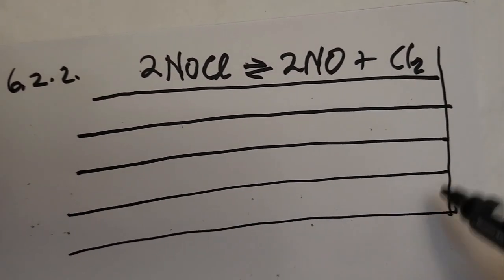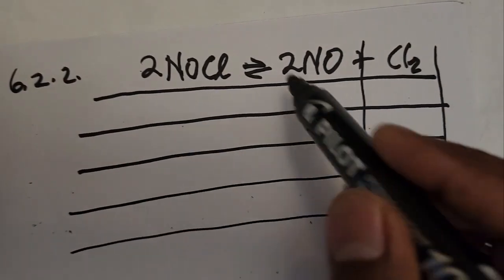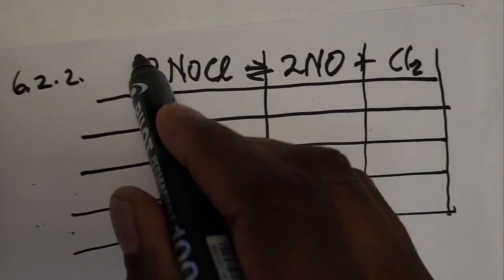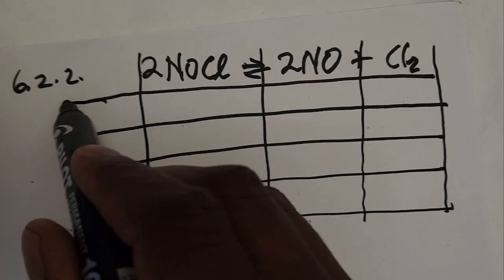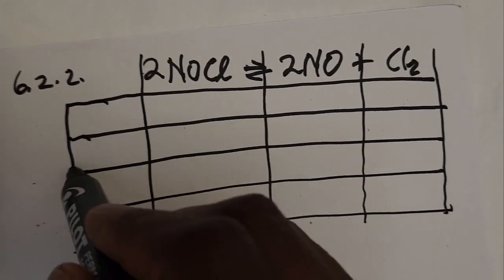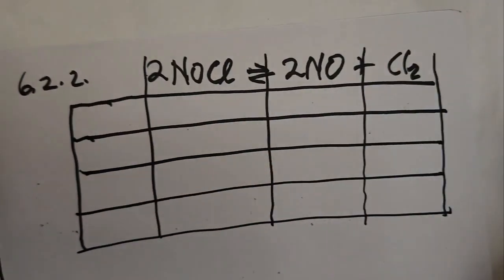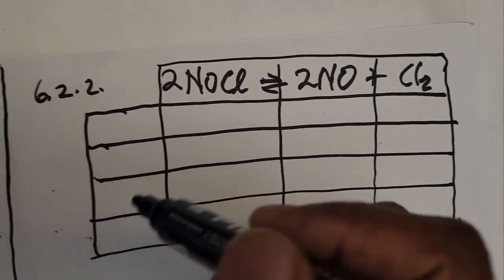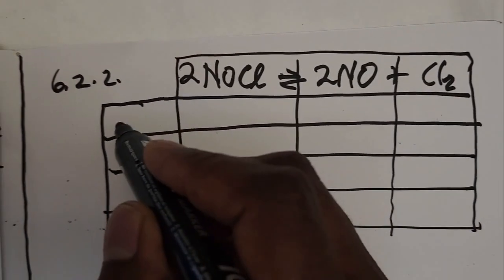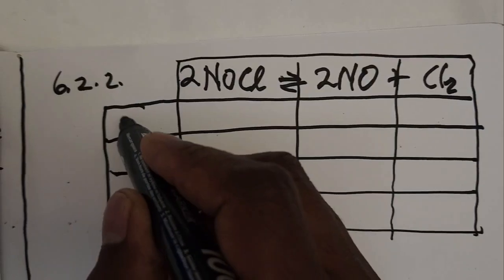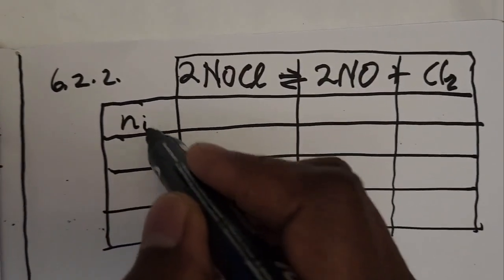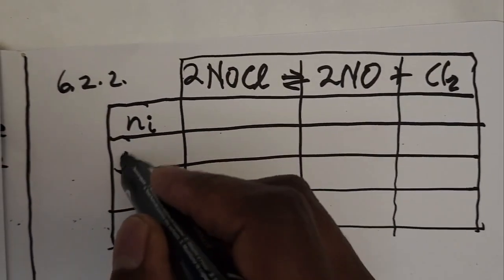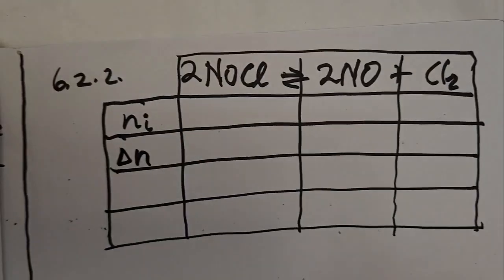Create a column for each substance. Each and every substance must have its own column. On the left hand side, just create a space to tell us which method I'm using. Remember, there are 2 methods in this case. I can use the mole method or the concentration method. The well-known one is the mole method. Just say initial mole, change in mole.